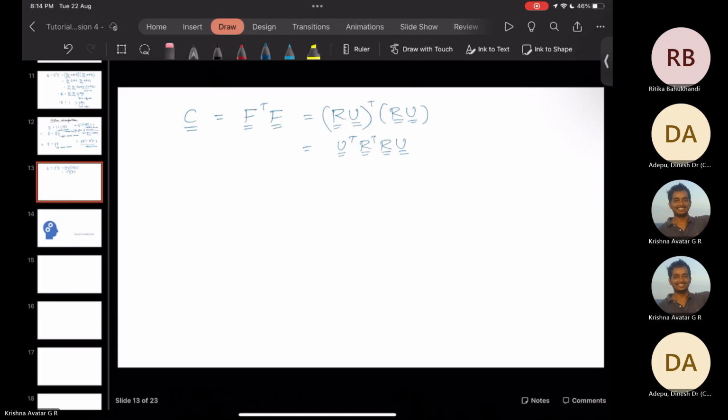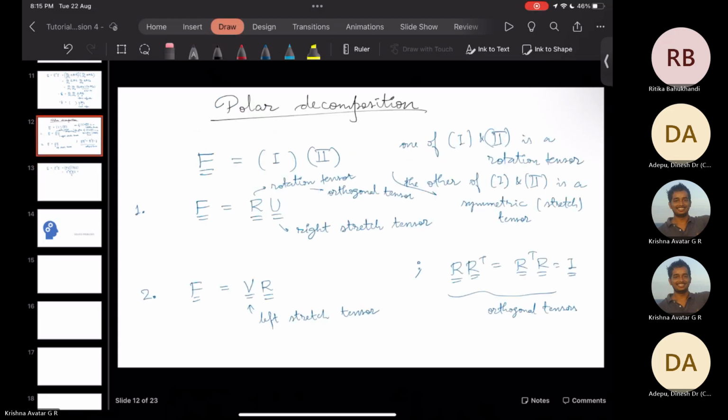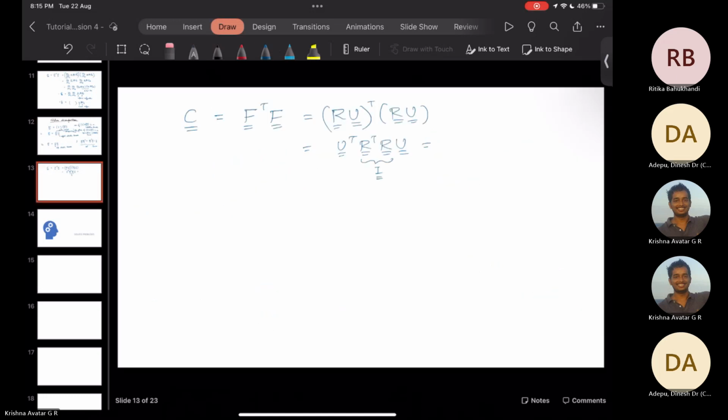And from the orthogonality property, R transpose R is nothing but I. You know very well that U is a symmetric stretch tensor, not a rotation tensor, so U transpose will be equal to U. So this is U into U, which we will just denote as U square, but essentially it's just U into U from an operational perspective.